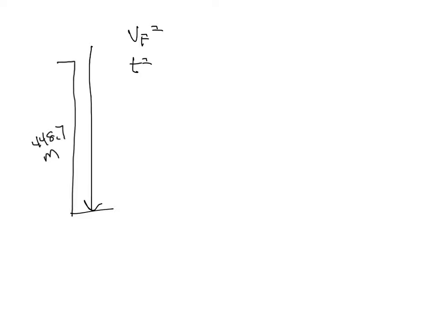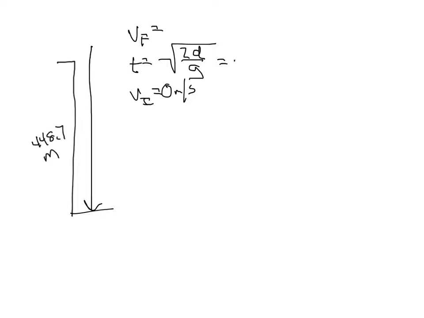We're going to find time first because when we drop something, VI is 0, and the time you can always find by taking the square root of 2d over g for something in free fall.